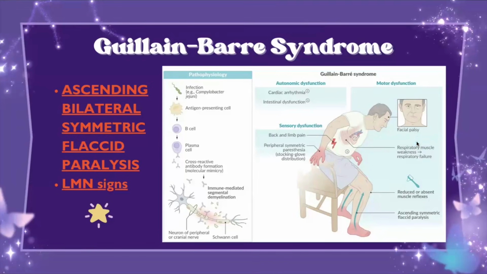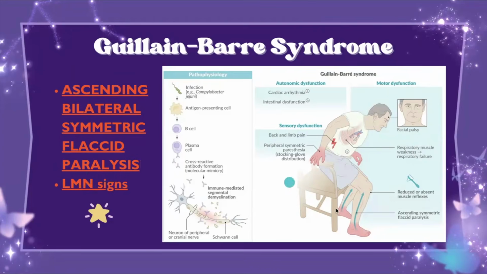Okay, lastly, we have Guillain-Barré syndrome. The main presentation that you need to know about it is that it presents with ascending, bilateral, symmetric flaccid paralysis. So you have the lower motor signs, you have flaccid paralysis.